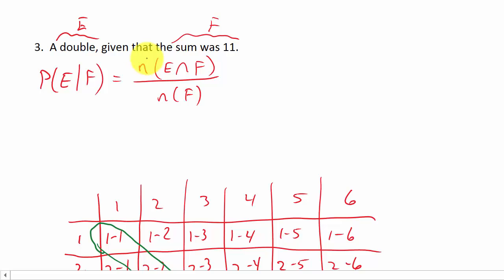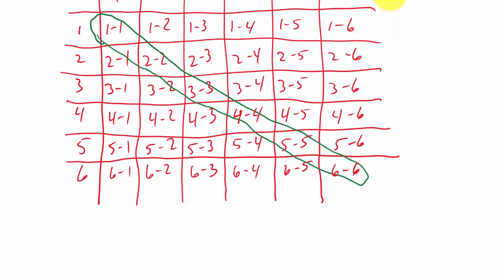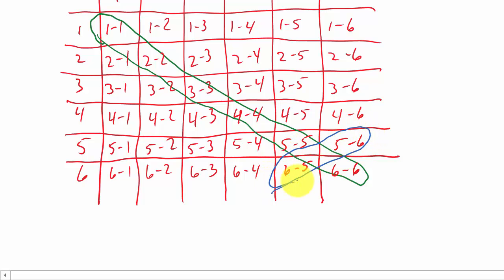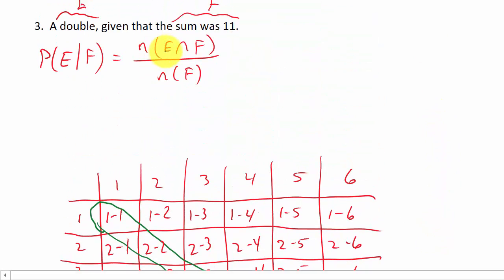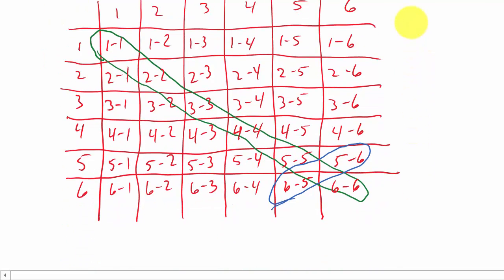And the sum was 11. So where is the sum of 11? That is here. All right, so I need E and F. So what do they have in common?